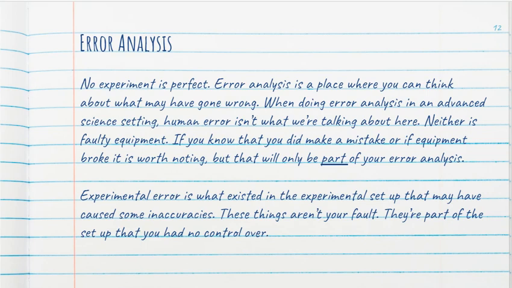Or maybe I had the red, the white, and the blue not that far from each other, so they got a little bit exposed to each other's light. Or, I did this experiment for 2 weeks, but I wasn't able to come to school on the weekends, so I didn't get to water or take data measurements over weekends. These would all be things that are part of the setup, but that wasn't your fault, if that makes sense.